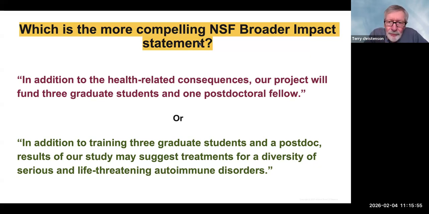In addition to training 3 graduate students and postdoc, the results of our study may suggest treatments for a diversity of serious and life-threatening autoimmune disorders. And you can go on and elaborate a little bit. Now, that to me is a stronger broader impact statement. Everyone talks about graduate students and postdocs. That really doesn't strike to me at the heart of what a broader impact is.